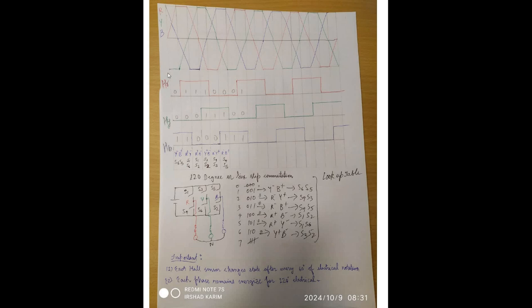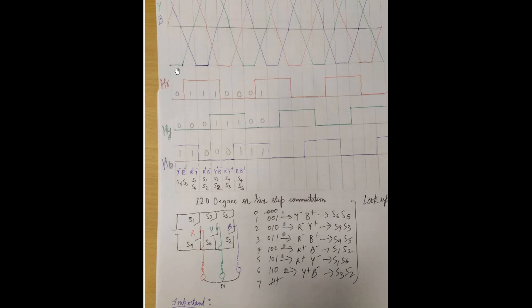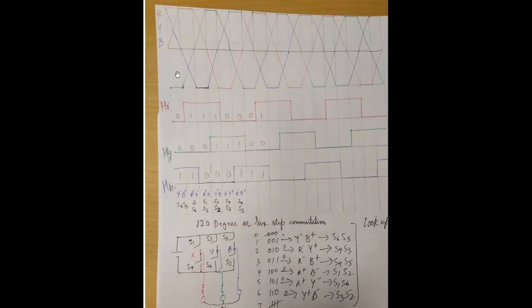So upon considering these two facts, if we start from this 60 degree commutation, the logic we are receiving from the three Hall sensors is 001. Upon seeing the back EMF, this Y phase should have the lower switch conducting.